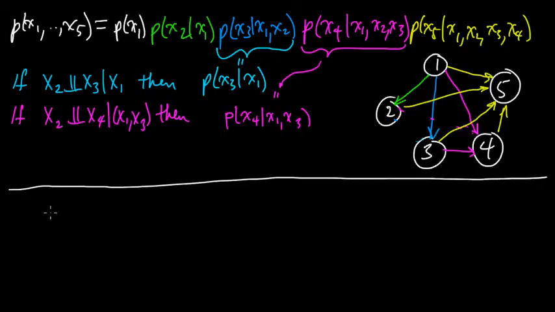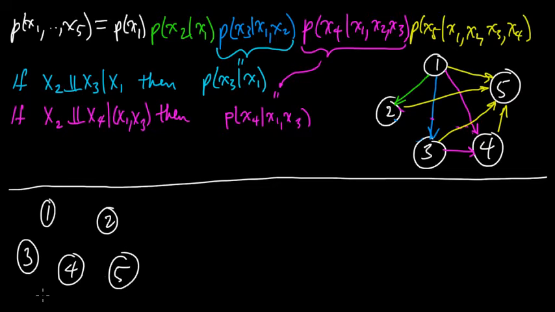So let's put 1, 2, 3, 4, 5, and 6. Let's make 1 go to 2, 1 go to 3, 3 to 4, 2 to 4, 2 to 5, and 4 to 6. How about that?